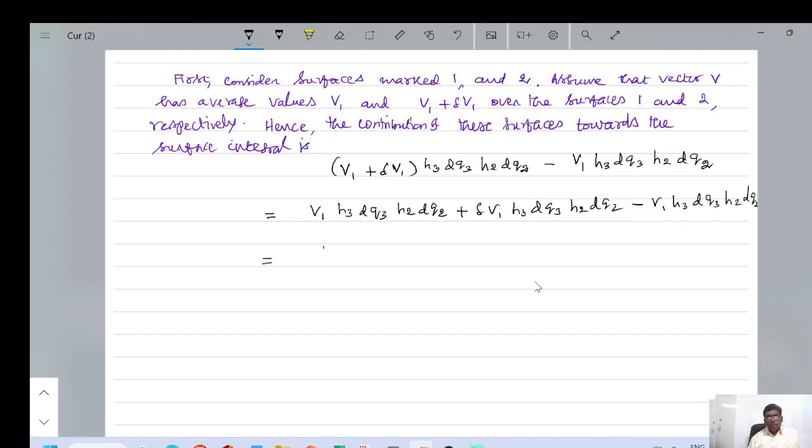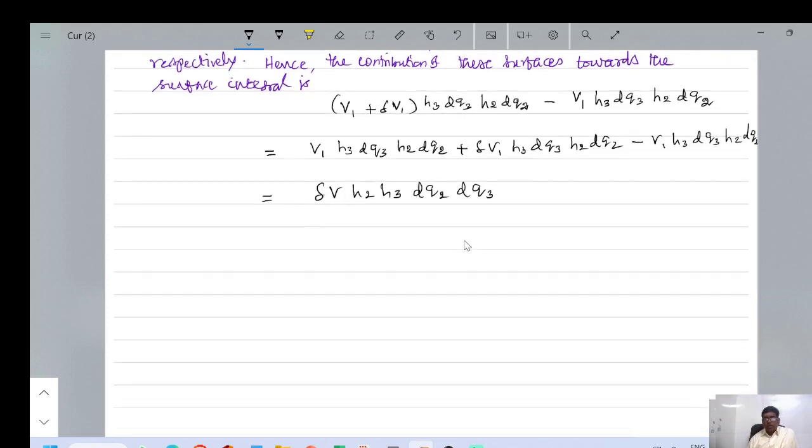This is equal to delta v1 h2 h3 dq2 dq3. The contribution of these surfaces towards the surface integral is this much, but delta v here is v1 because we have specific v1. Delta v1 equals dou v1 divided by dou q1 into dq1.